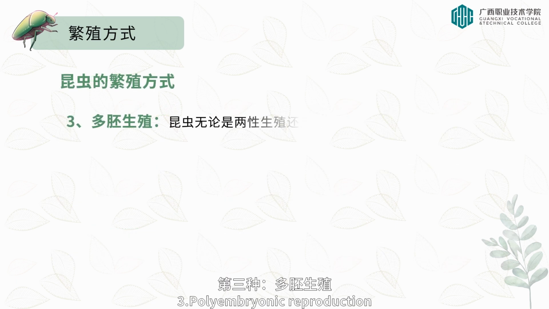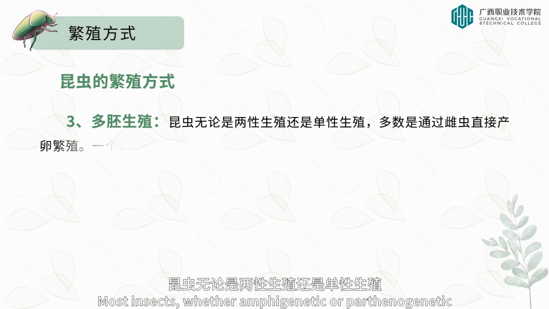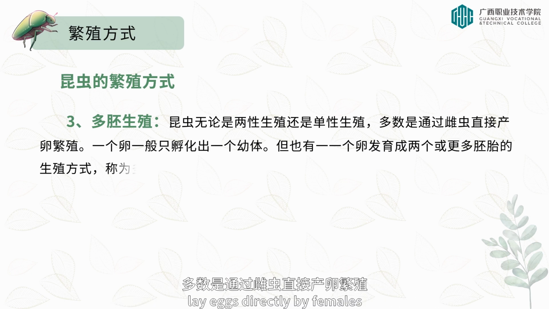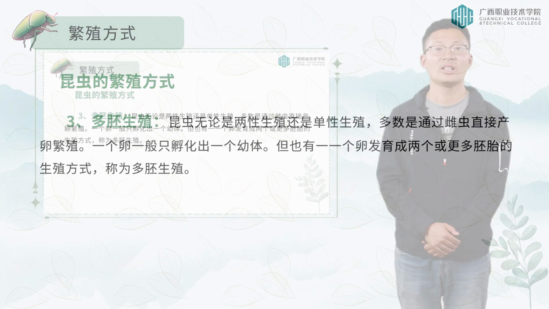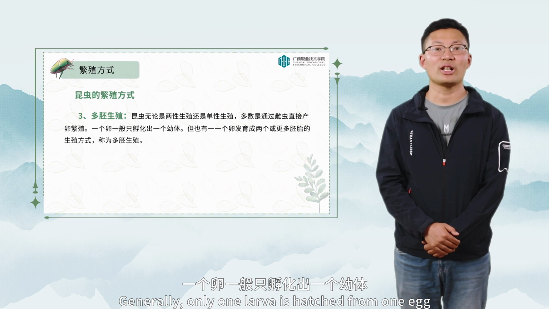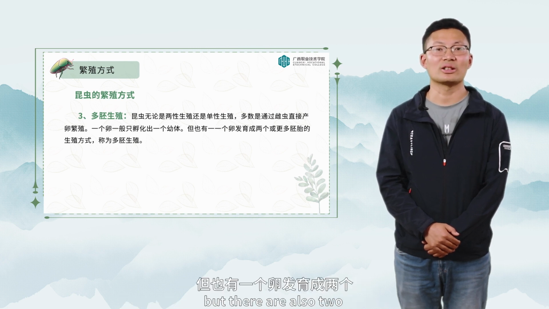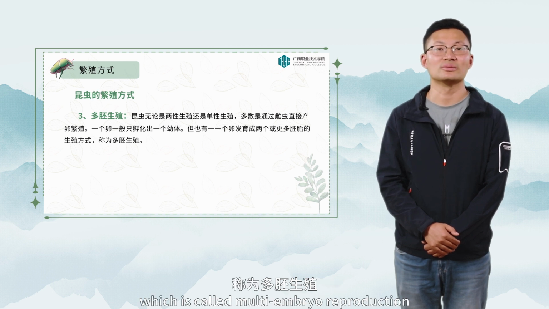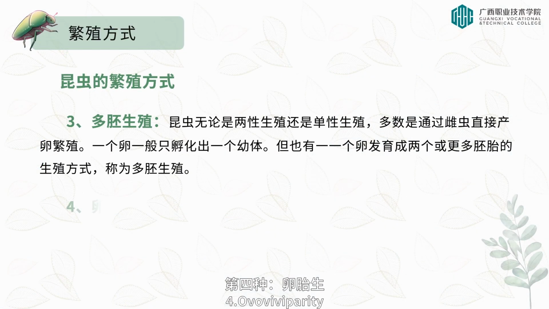3. Polyembryonic reproduction. Most insects, whether amphigenetic or parthenogenetic, lay eggs directly by females. Generally, only one larva is hatched from one egg, but there are also two or more embryos developed from one egg, which is called multi-embryo reproduction. 4.